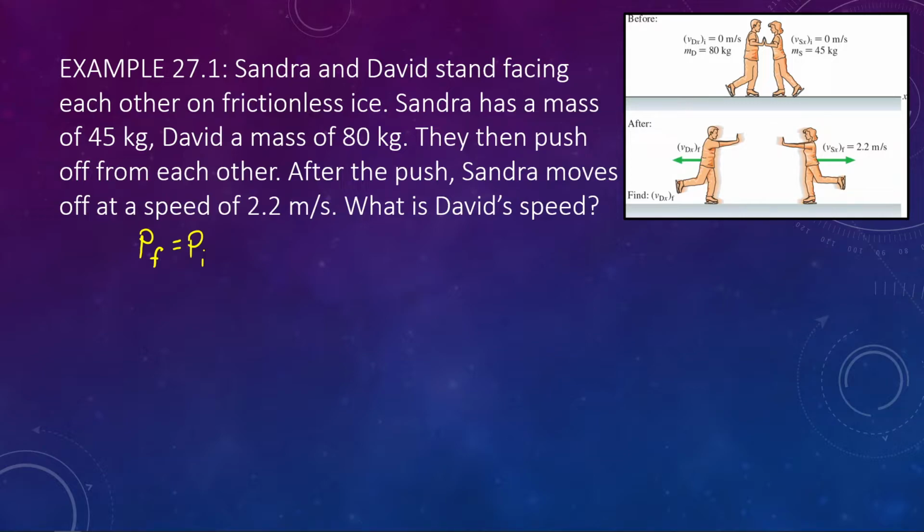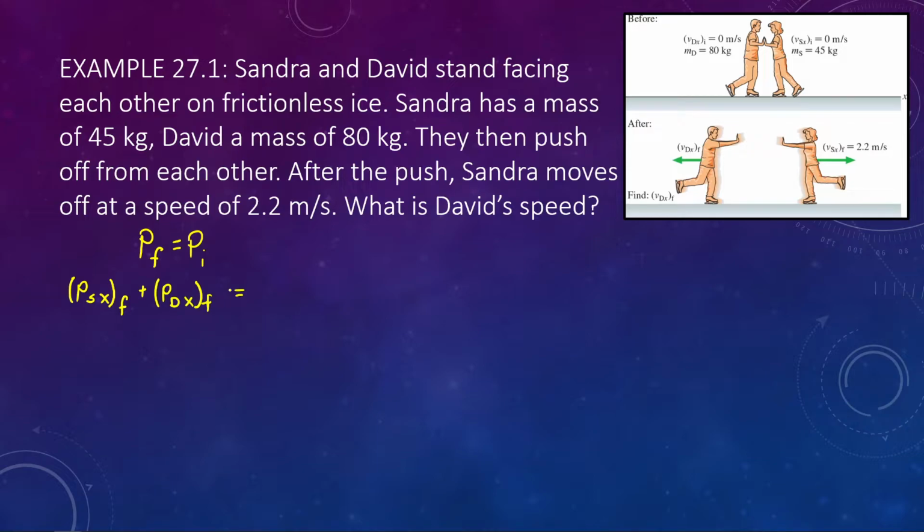So let us expand this equation now. Not to call people objects, but we have two objects here, Sandra and David, right? So there should be two terms in our equation. So let's expand it. We should have the momentum of Sandra, I'm going to use S to represent her, in the x direction, because this is horizontal motion, final, plus the momentum P of David, D, in the x direction, final. Final is on the left-hand side.